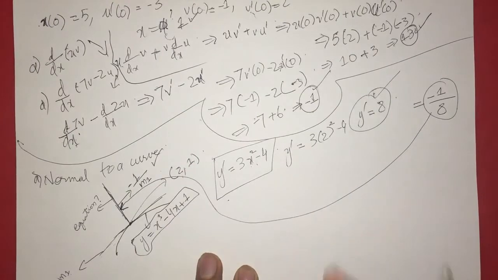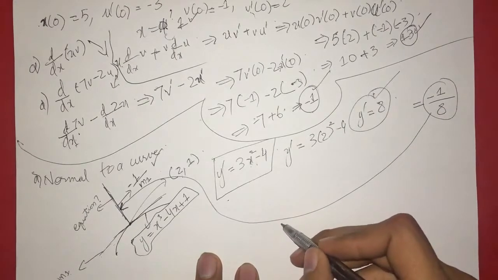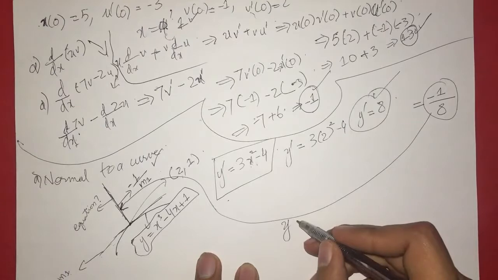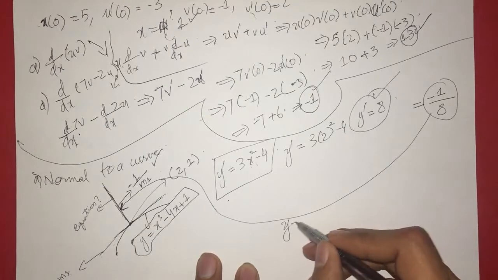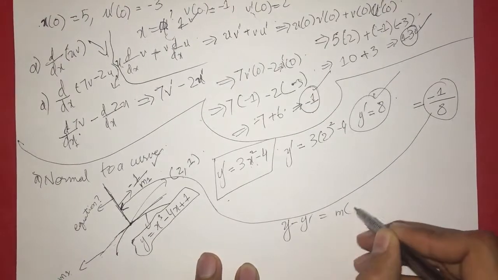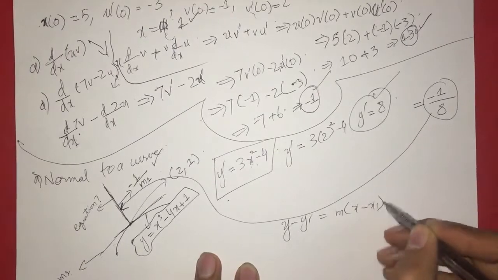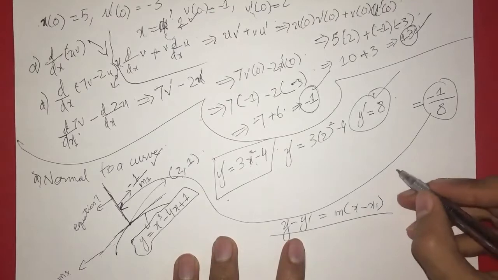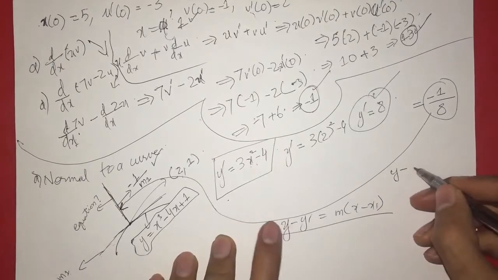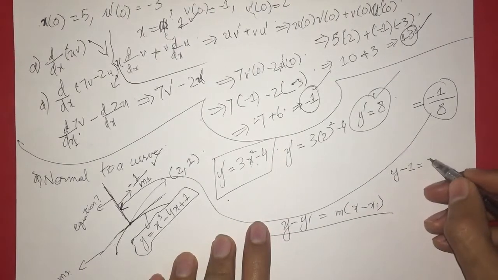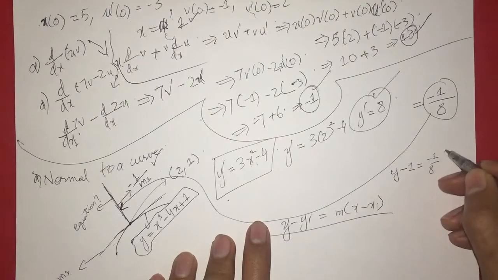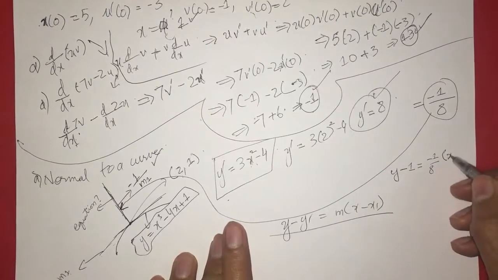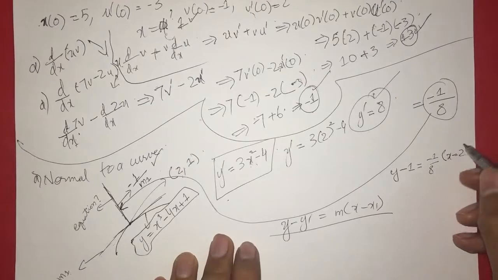So what we can do is put all of these values in the equation of the line, the point slope form: y minus y1 equals m into x minus x1. So y minus 1 equals minus 1 by 8 into x minus 2.